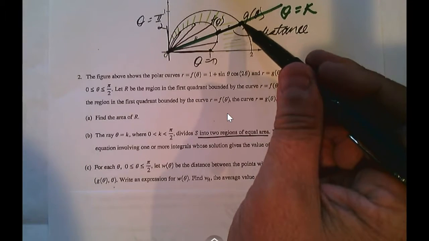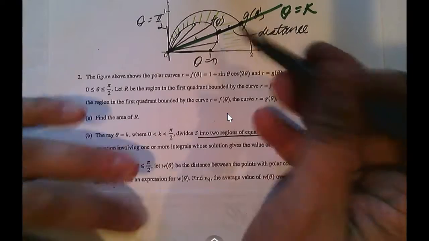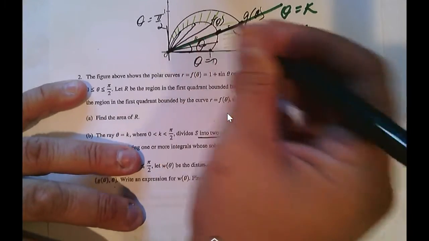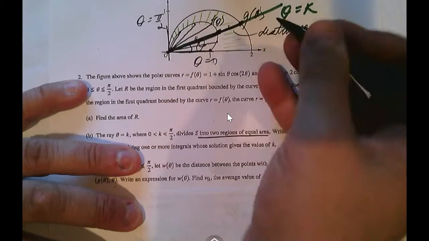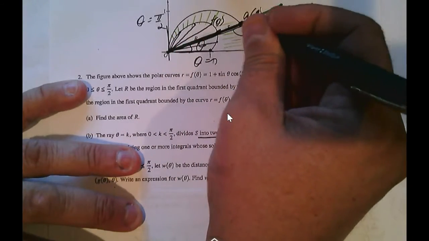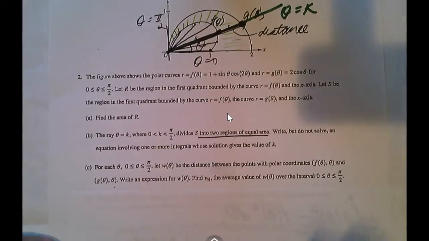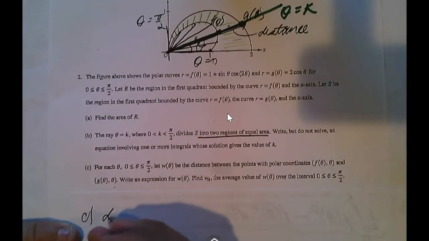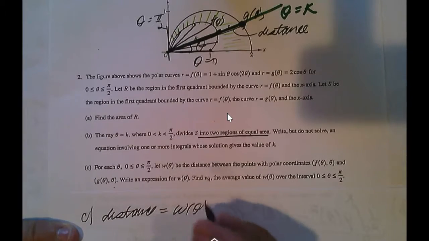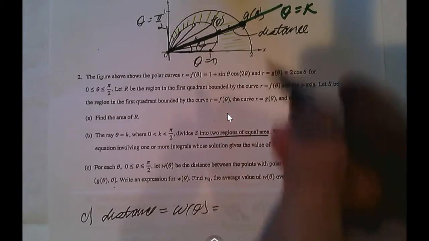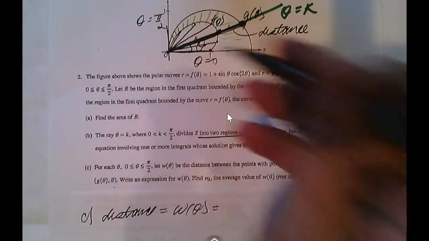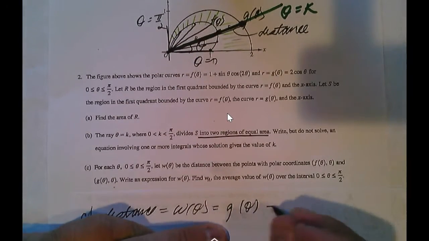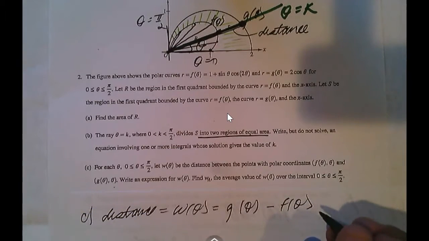But you're in polar mode. For a particular angle theta, you already know how long this radius is. You already know how long the big radius is. The way that you're going to find the distance, so your distance, which we're calling w of theta, is just going to be the length of the big radius minus the length of the small radius. So g of theta minus f of theta.